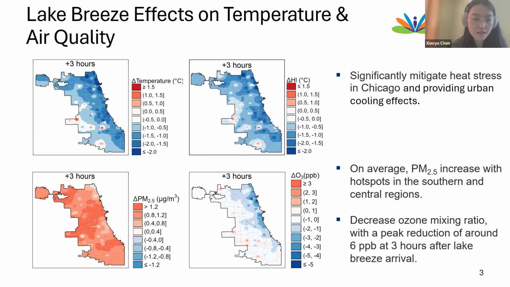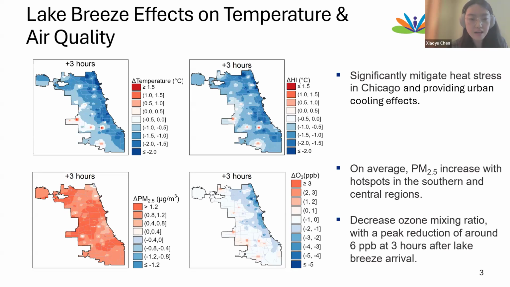And on the other hand, it has a very important role for the air pollutants. For example, it increased the PM 2.5 overall, but it decreased the ozone level inside Chicago. And this trend is very different from my previous introduction, that observations from other cities said the lake breeze normally increases ozone for the city.